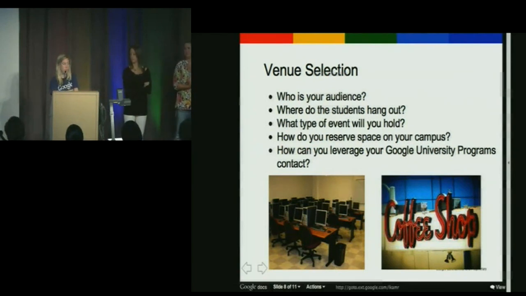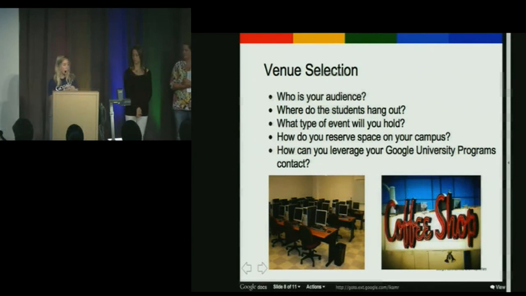For instance, sometimes you might just be setting up a table. I've heard of some ambassadors doing that in the past. So you want to be thinking about where people are going to be walking by. How can I get the word out to a targeted audience? Do I want to set up a table near an engineering building, or do I just want to go to a quad where the most people walk through?